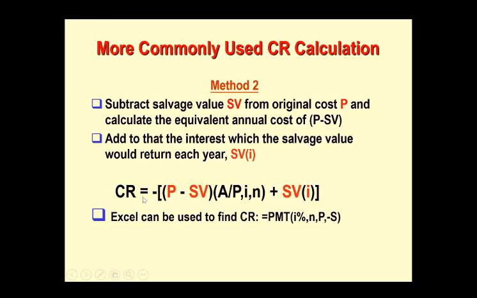Capital recovery equals the initial investment P minus service value SV, times the capital recovery factor, given present worth, find annual worth, and then plus service value times interest rate.